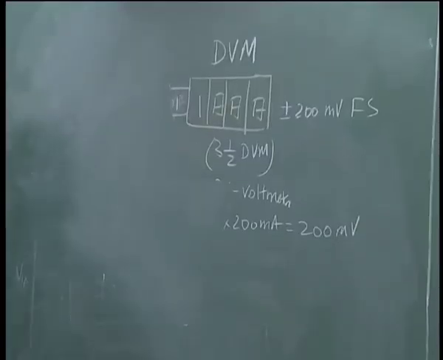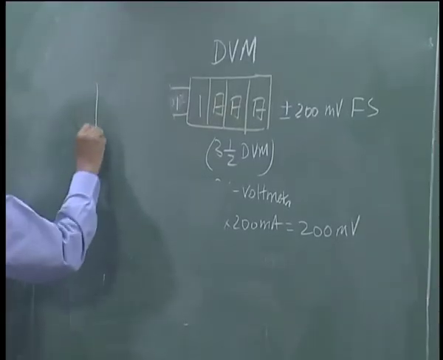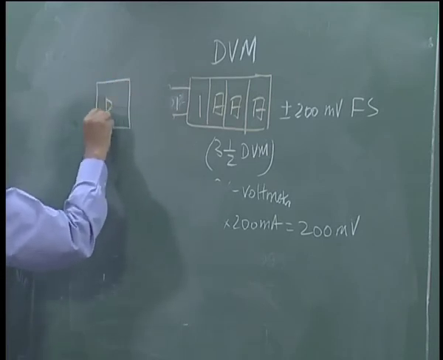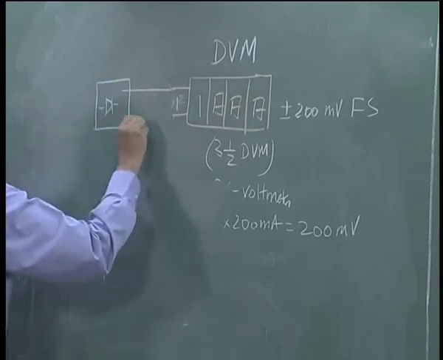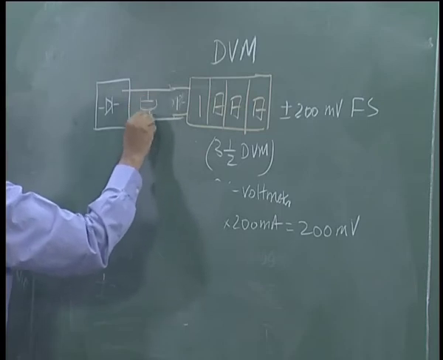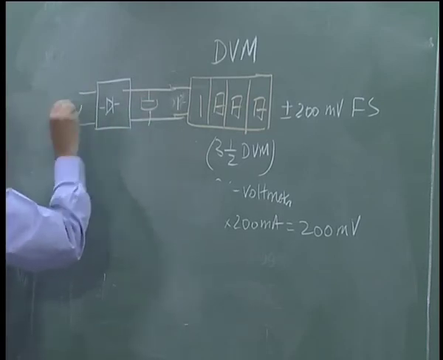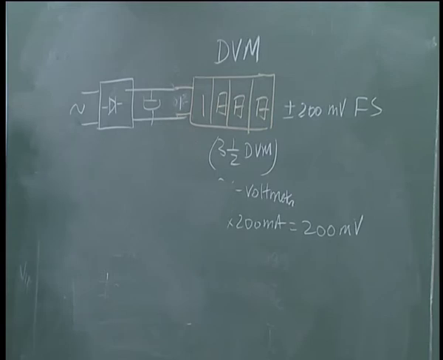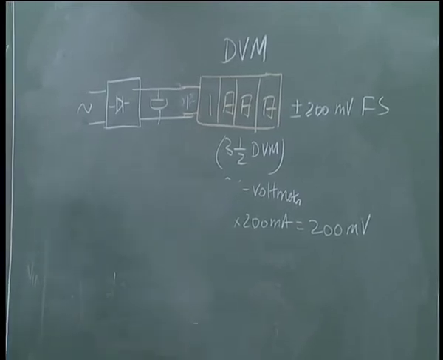So the same thing we can do, we can put a rectifier, a full wave bridge rectifier, we filter the output and connect the AC input. Okay, we connect the AC input, but the moment I put a bridge rectifier, what happens?